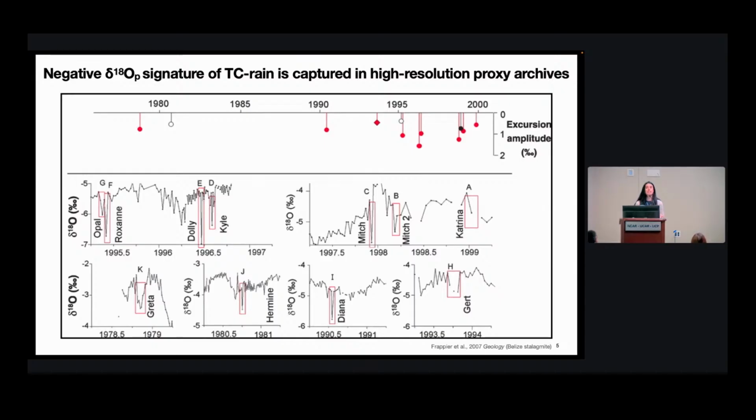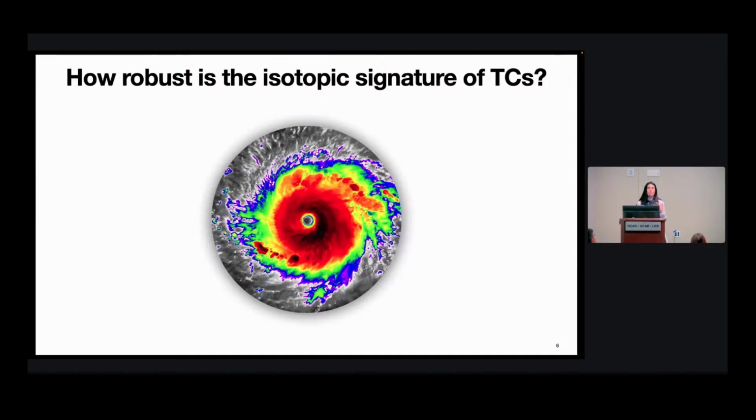You can see these negative excursions occurring at times of known tropical cyclone activity in the past. This is really great prior work, but what I'm asking is how robust is the isotopic signature of TCs and how well do we understand that?